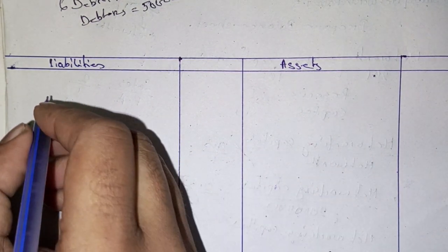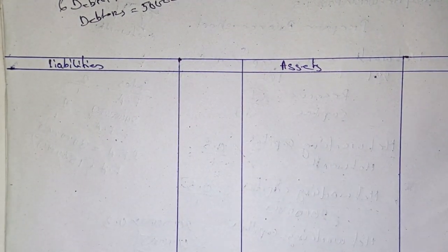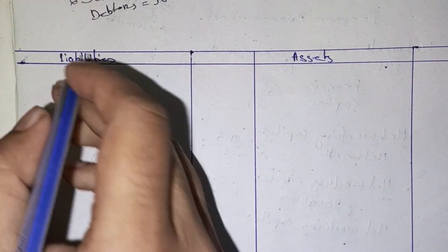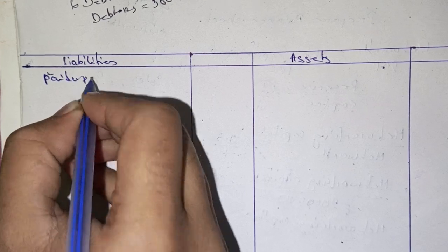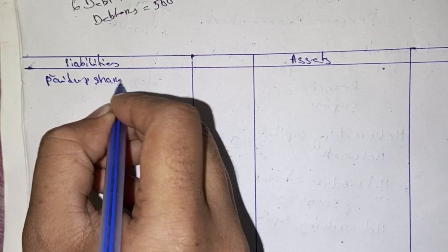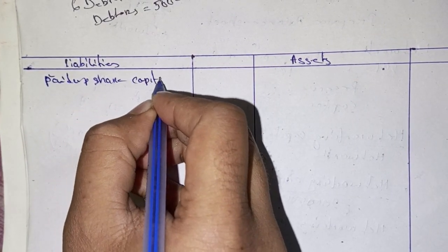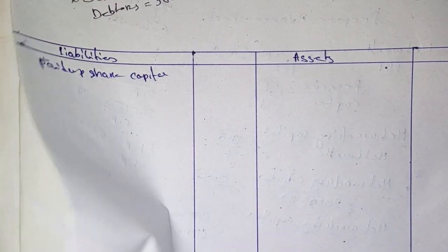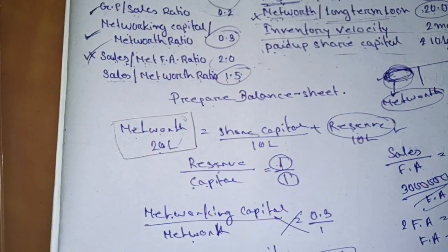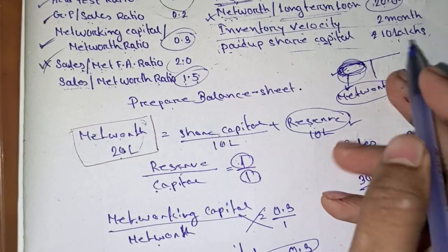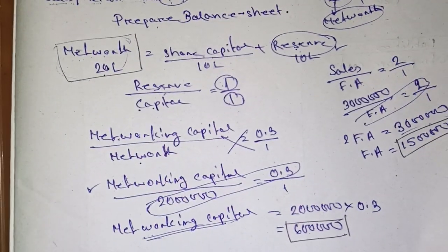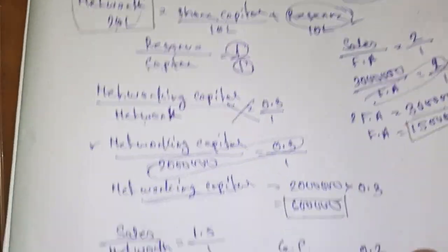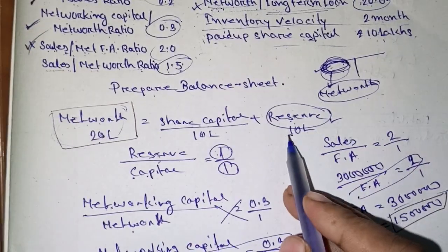So write it here: paid up share capital, how much? Paid up share capital is 10 lakhs. Then we'll put the reserve, which we have found. How much? Reserve 10 lakhs. Put it here.